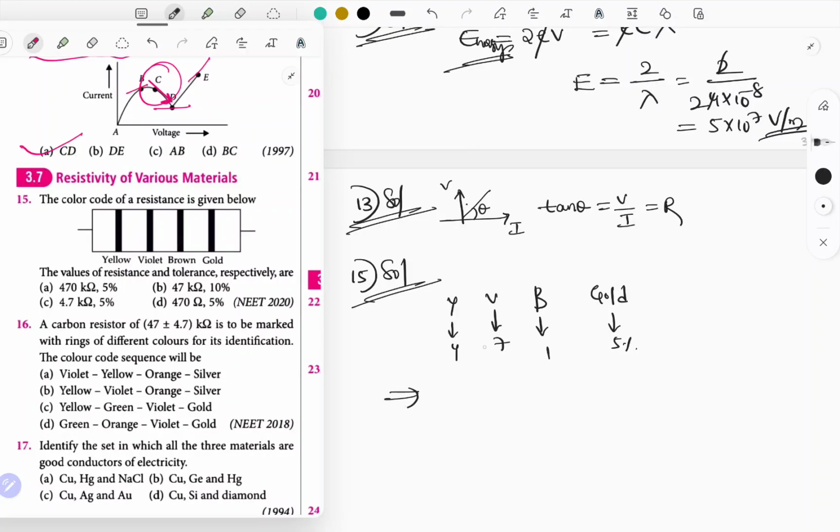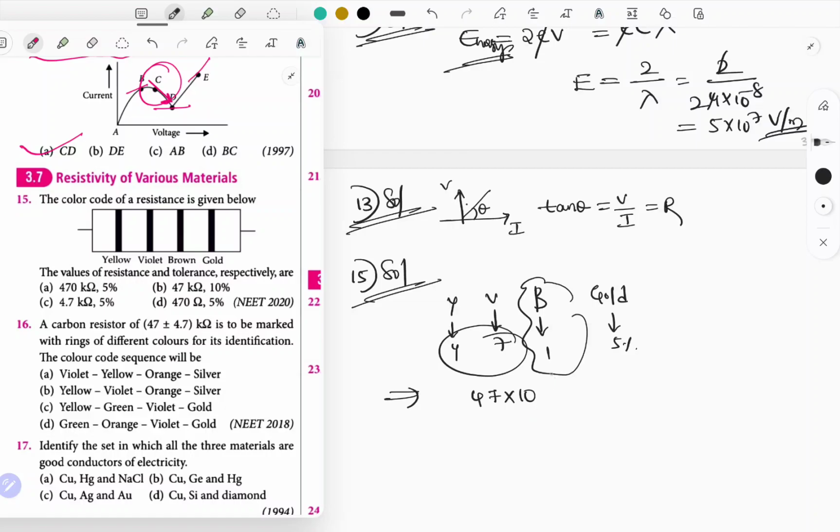Based on this, the first two represent the digits, that is 47, 4 into 7, and the next one represents power. It's going to be 10 power 1, right? So 15th question, which option matches? Option B.